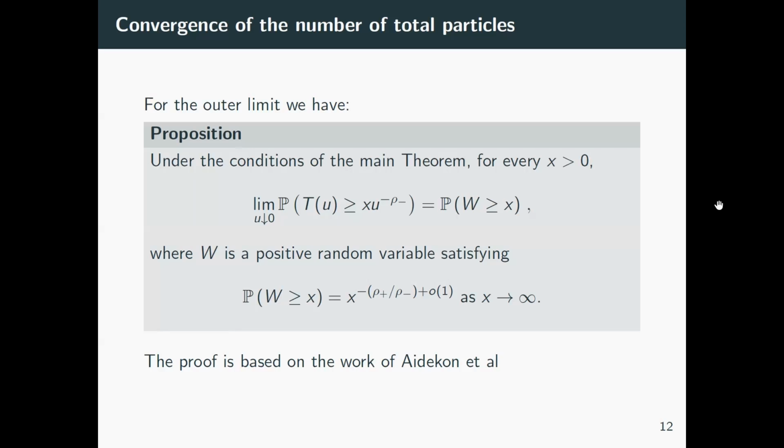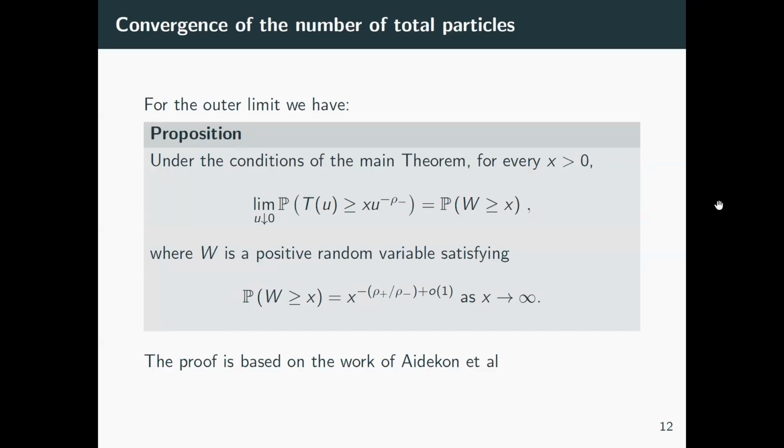So now we saw that with high probability I can couple the connected component to this certain killed branching random walk. And from now on, we only have to use theory about killed branching random walks. The proposition for the outer limit, which then together with the inner limit proves my whole theorem, reads as follows.